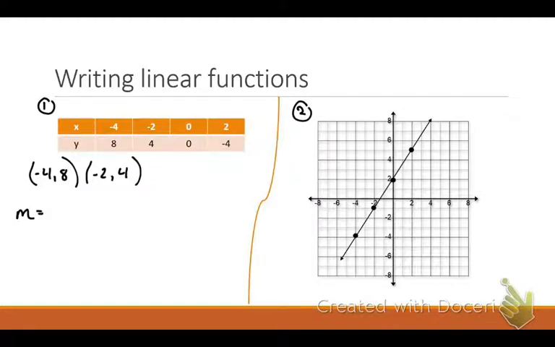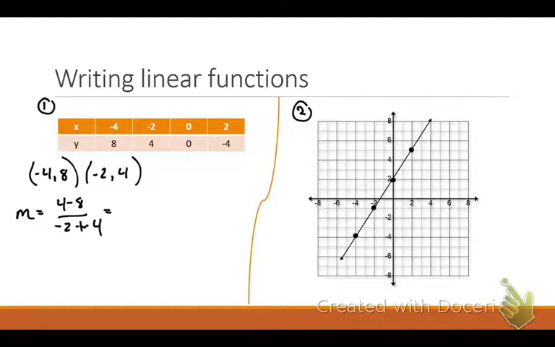Y2 minus Y1. So which one is my Y2 value? 4 minus what? Come on, guys. Yes, 4 minus 8 over -2 minus -4. What happens to my double negative? You make it a positive. It becomes a positive.